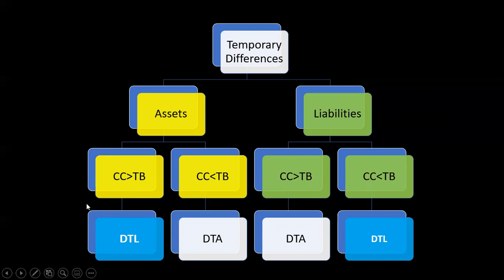Because in the accounting, the carrying cost of the asset is high, meaning depreciation or amortization is low. If depreciation and amortization are low, the accounting profits are higher, whereas the tax profits are lower.